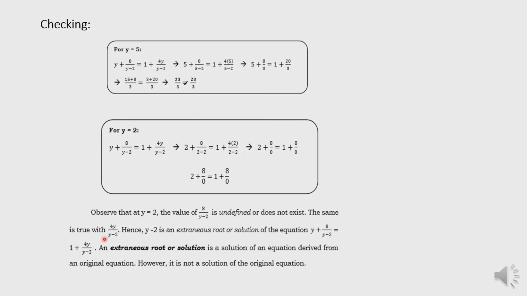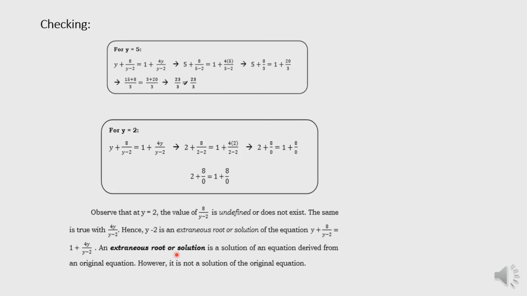The same is true with 4y over y minus 2. Since y equals 2 is an extraneous root or solution of the equation y plus 8 over y minus 2 equals 1 plus y over y minus 2.